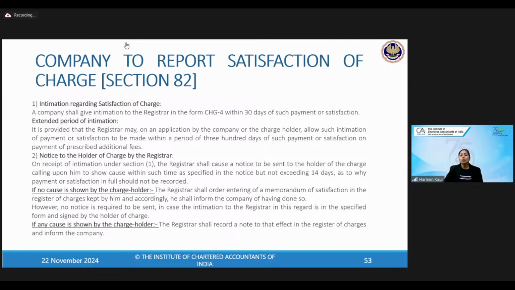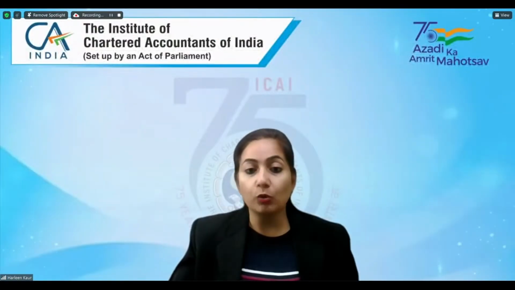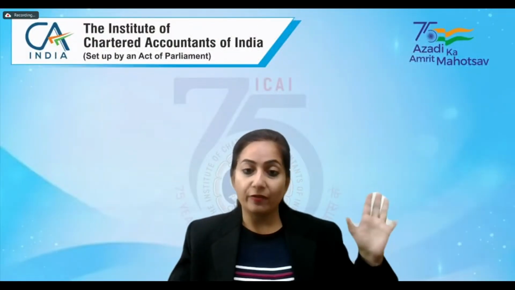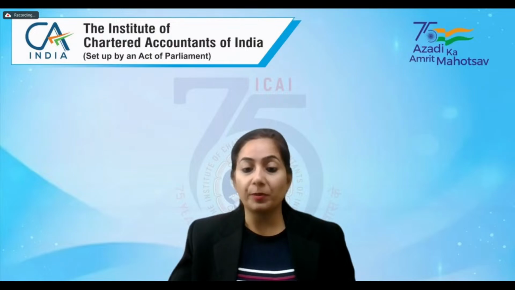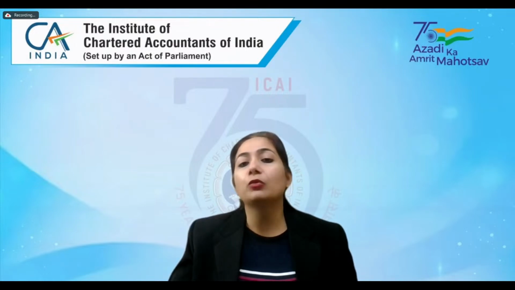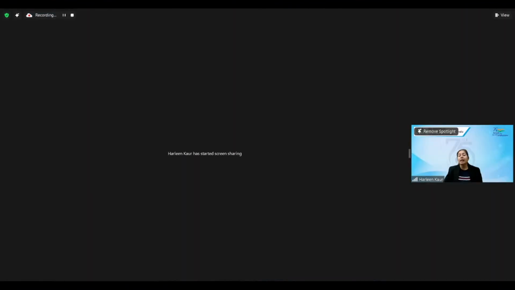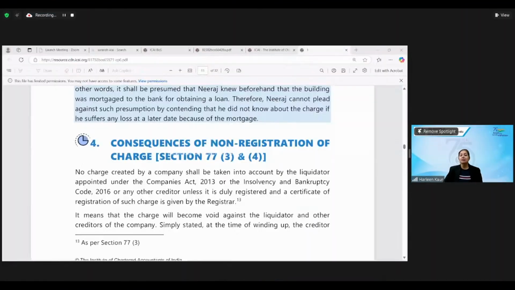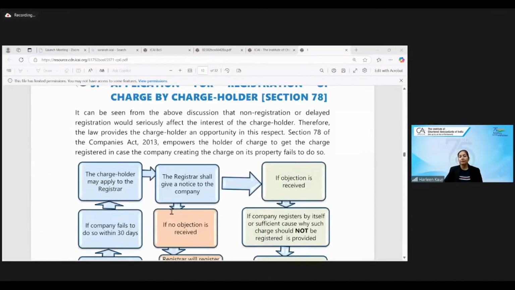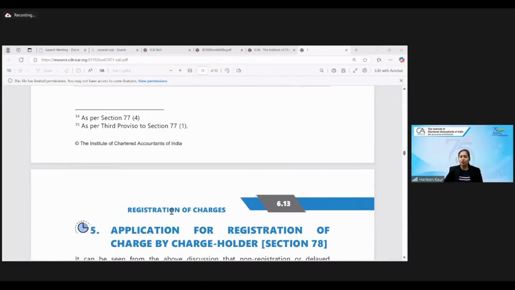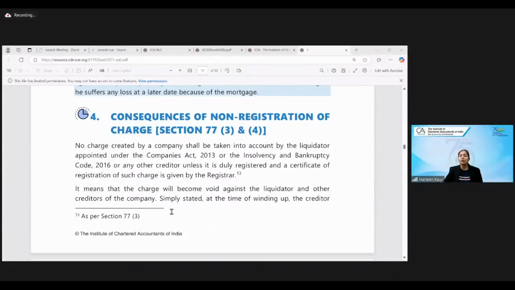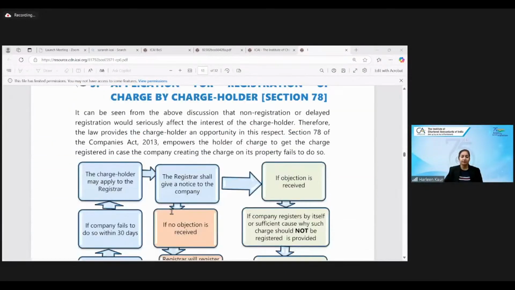It also includes anything else given in lieu of the loan. So I have given property A as security, but then I told the bank, okay, I'm not giving you security A now, I'm giving you property B as a security. Can I say the satisfaction of charge also happened for security A? Tell me.